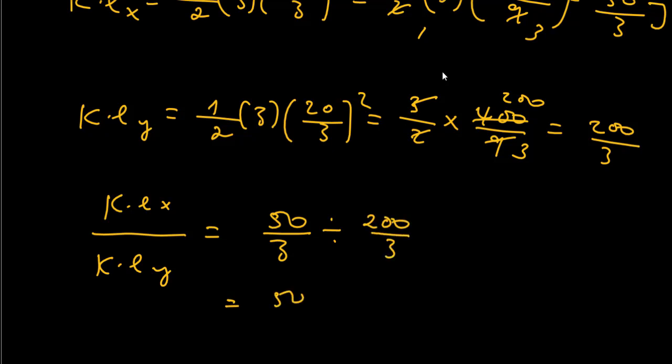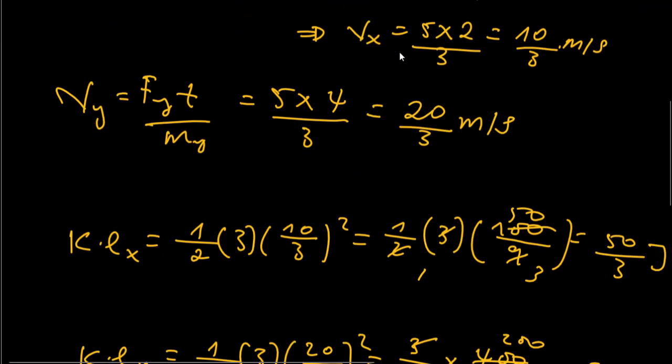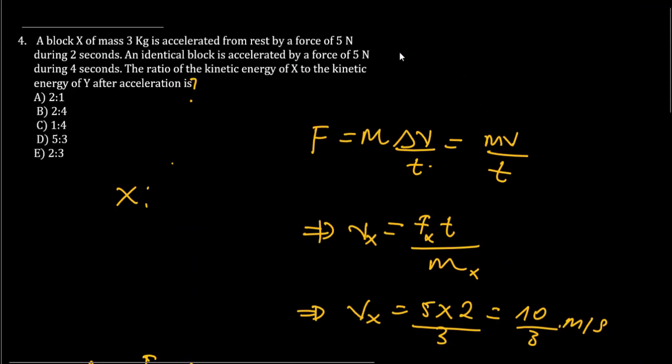So we get 50 on 3 times 3 on 200. This simplifies to 1 over 4, so the correct option is 1 over 4. In ratio form it is 1:4, so the correct option is option C.